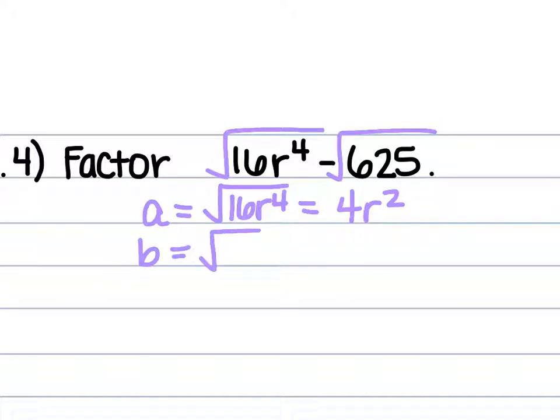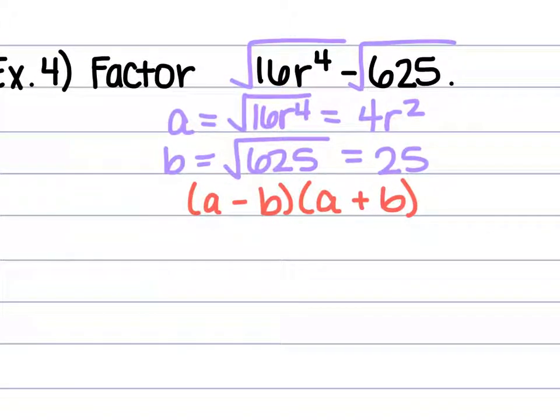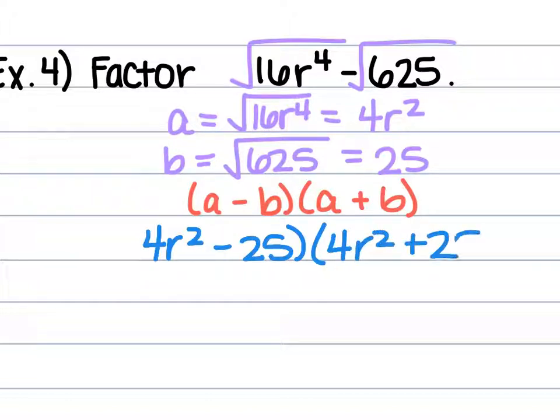Your b is the square root of the 625, which is 25. From here, use a minus b times a plus b. The 4r squared goes in for a, so 4r squared minus b, which is 25, and then 4r squared plus 25.